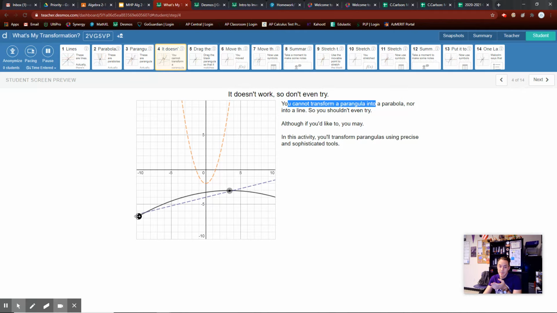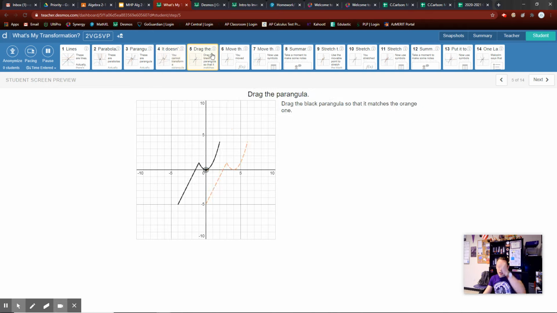Maybe some of you are thinking, I can do it. It's really close. Yeah, it's not going to work though, and that's the problem. I can move it, and oh, that's really, really close. But you see, it's no cigar. It kind of breaks off right there. So moving on, we want to drag the parangula so it matches the orange one.